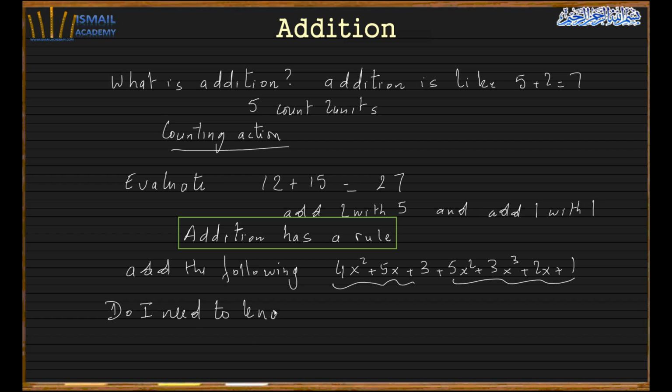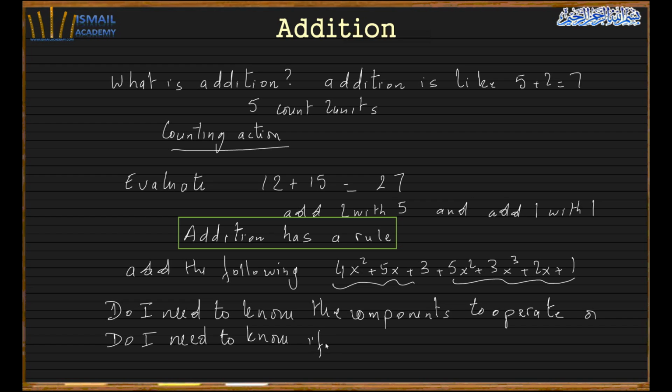So do I need to know the component to operate, or do I need to know if the component satisfies the rule of the operation?